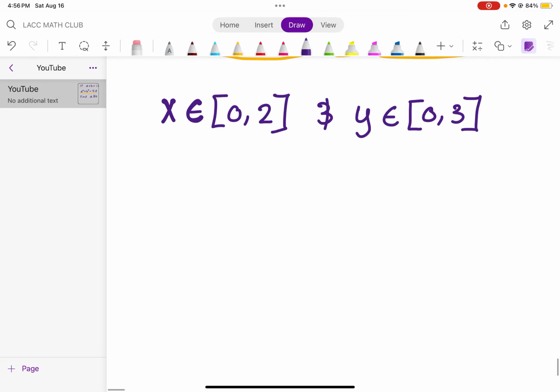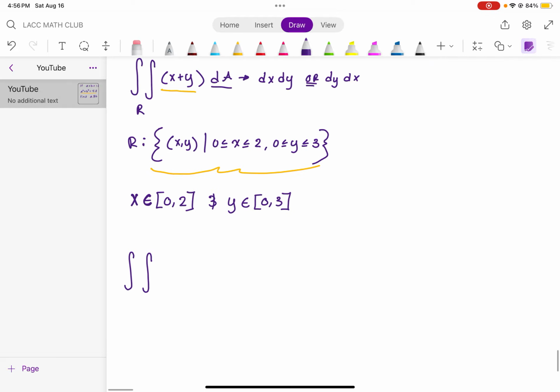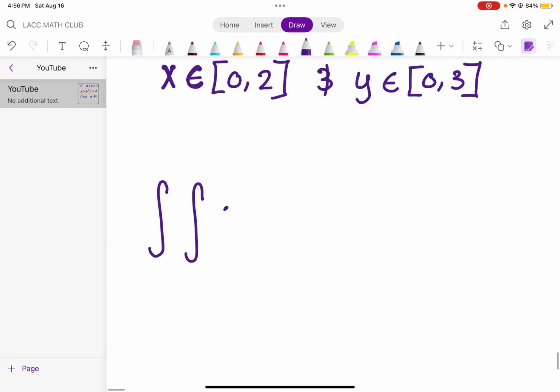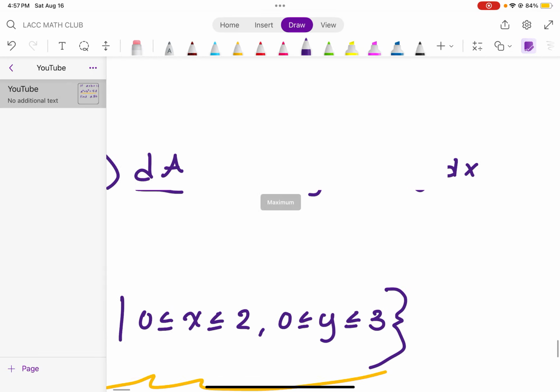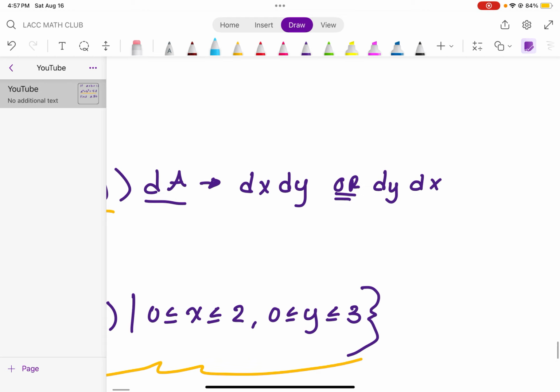So now, let's set up our integral. The way this works, we're going to rewrite it, and we're going to choose what we want to integrate first and second. So what's in front determines what we integrate first. What's in the back determines what we integrate last. First, last. I'm going to do dx dy.